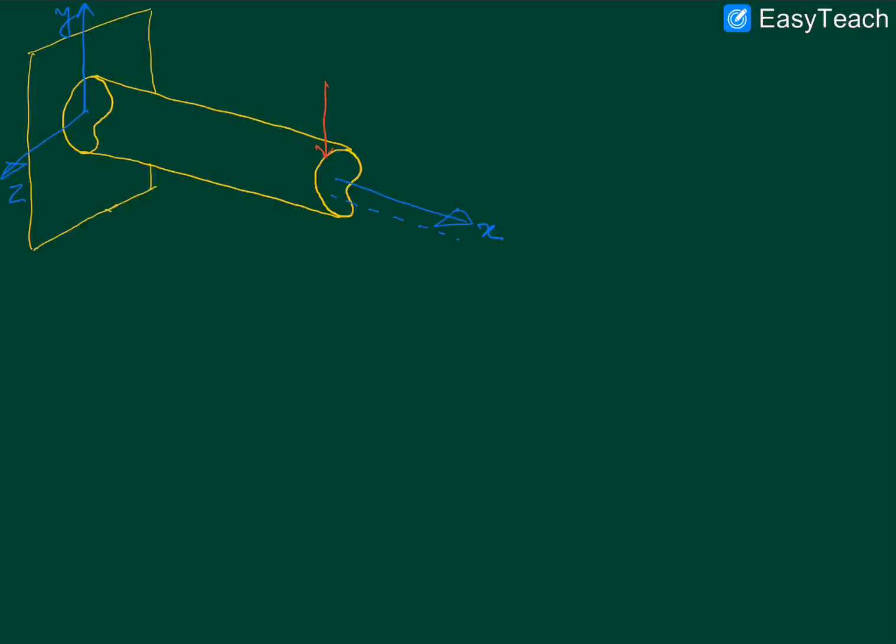The important point to note is that if there is indeed no twisting action induced by this transverse force, then it really should not matter about which axis we are considering the torsional moment.